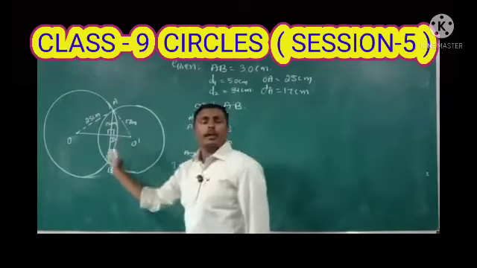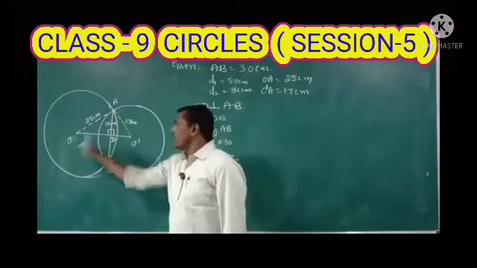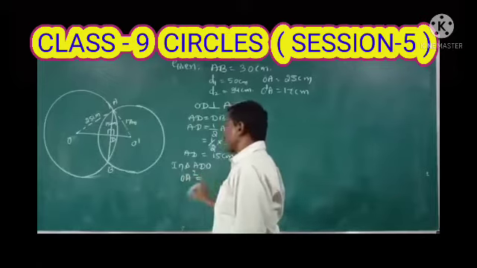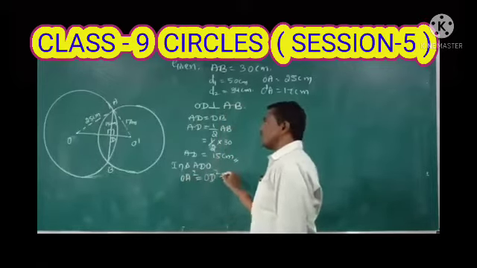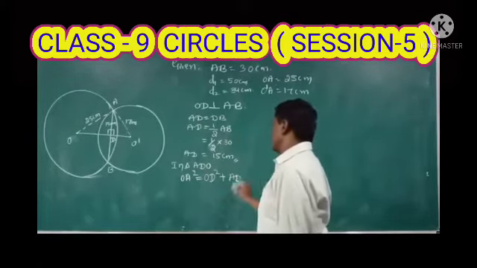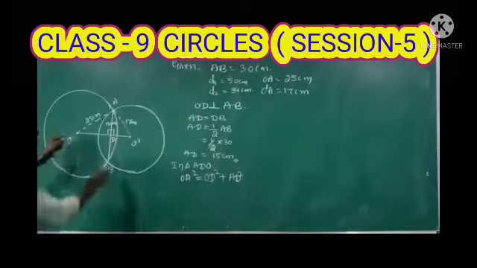So by applying the Pythagoras property, you can easily calculate the length of OD. OA square is equal to OD square plus AD square, right? Here what we need to calculate? OD square.